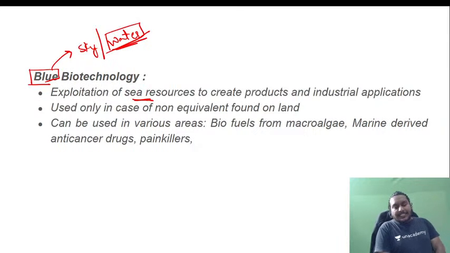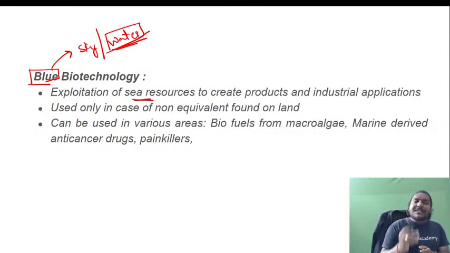Now someone would come and ask me, sir, you are saying that you exploit sea resources to create certain products? Yes, that is what I mean. But you may ask me, if this indiscriminate exploitation could lead to an impact on the maritime environment and marine species. Yes, you are absolutely right.